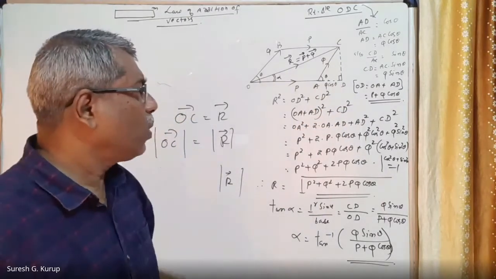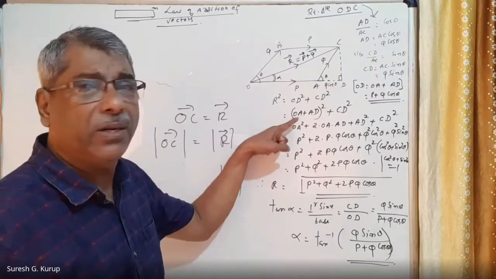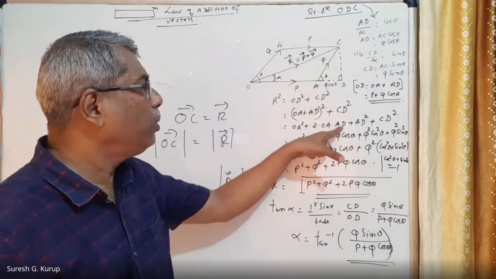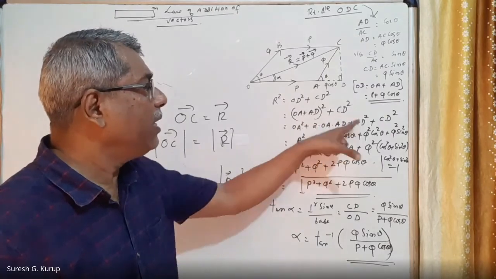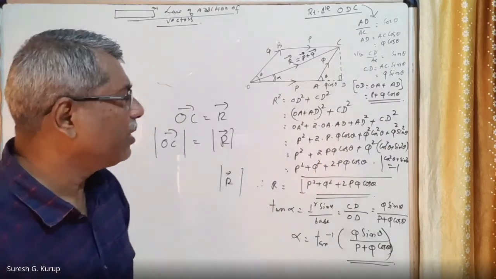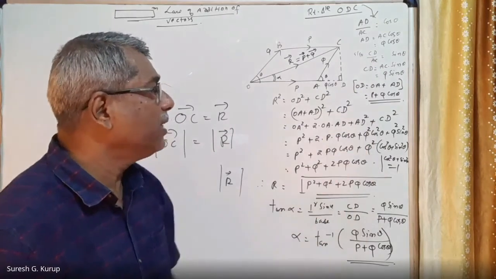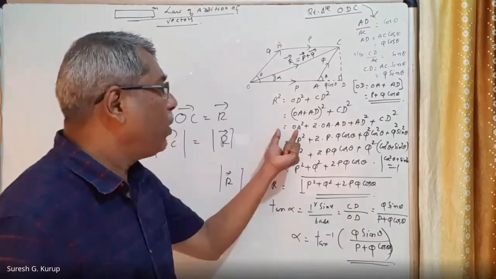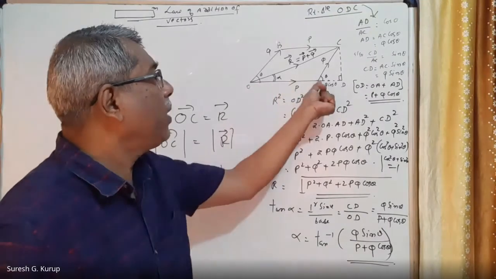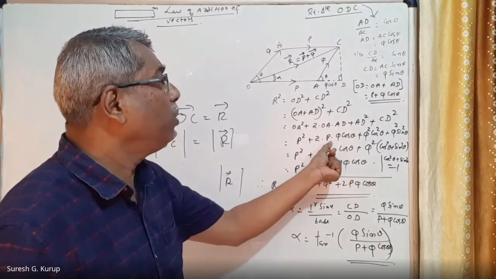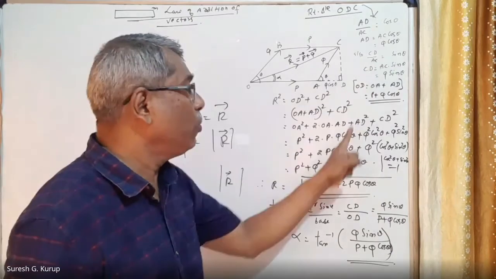Am I correct? Okay. So this is expanded. That is OA square plus 2 OA into AD plus AD square plus CD square we can write. So when I am applying the values of AD and CD: OA square means P square. 2 into OA, that means P, into AD, which is Q cos theta.